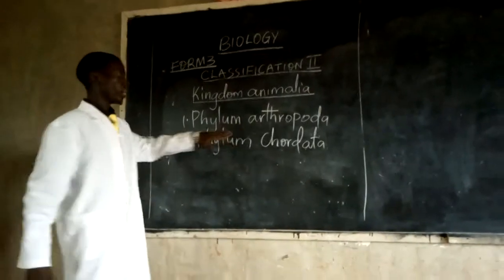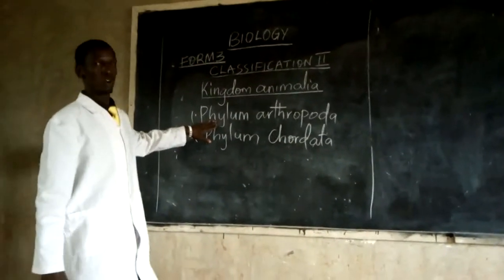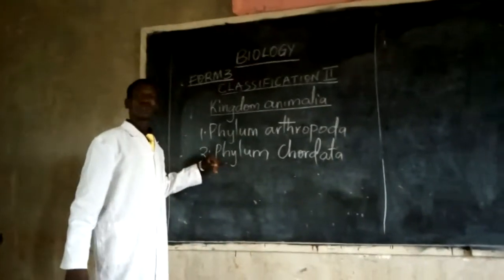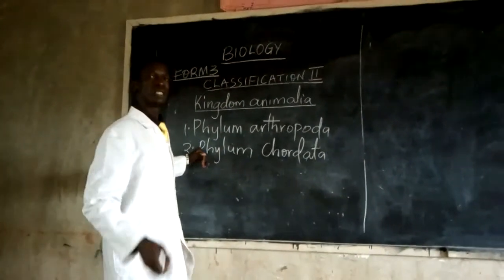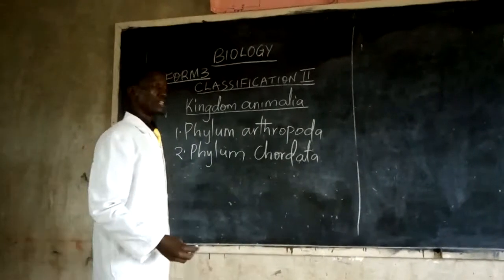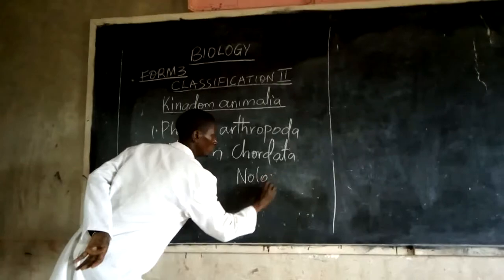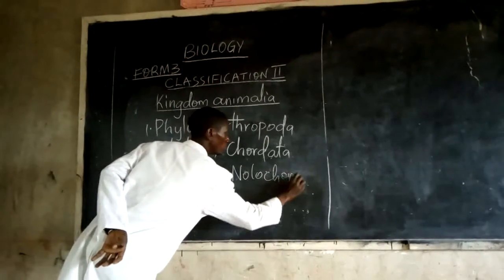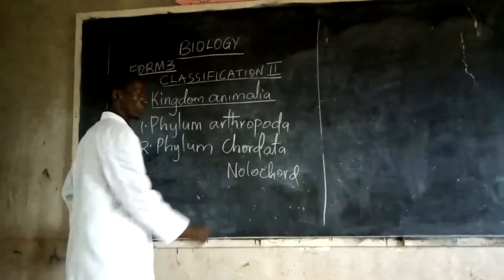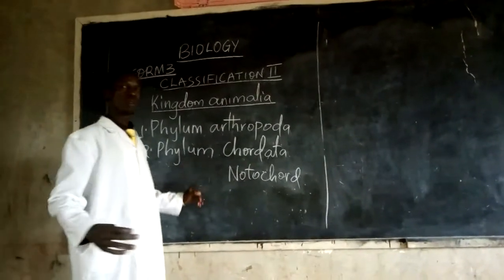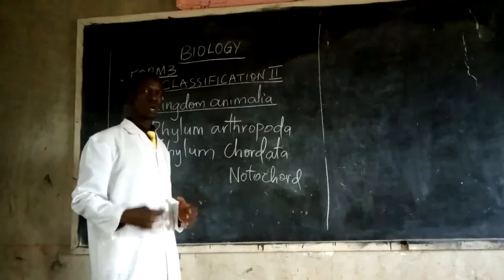Phylum Arthropoda comprise majorly of insects, while phylum Chordata comprise of organisms which have the notochord. The notochord is the part that forms spinal cord in mature organisms.